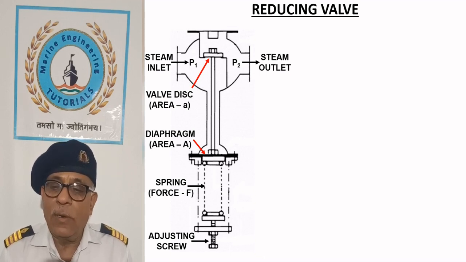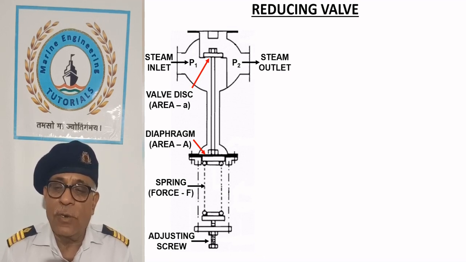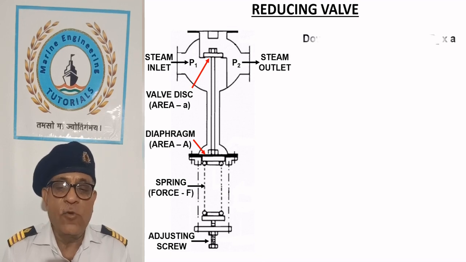Inlet pressure P1 acts in the upward direction on the main valve and in the downward direction on the controlling flexible diaphragm. These two forces are in state of balance. Let us analyze the forces.